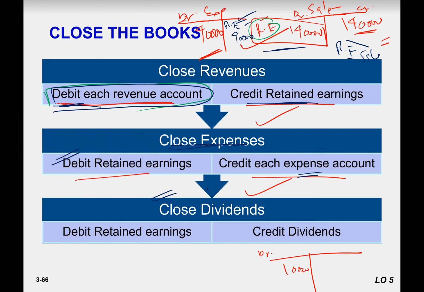Similarly, dividend, similar to this account, because we have to write down retained earning, credit the dividend account, 10,000. So the dividend is credited and debited is retained earning. So don't memorize all these. If you know the logic, you can create these entries by yourself.